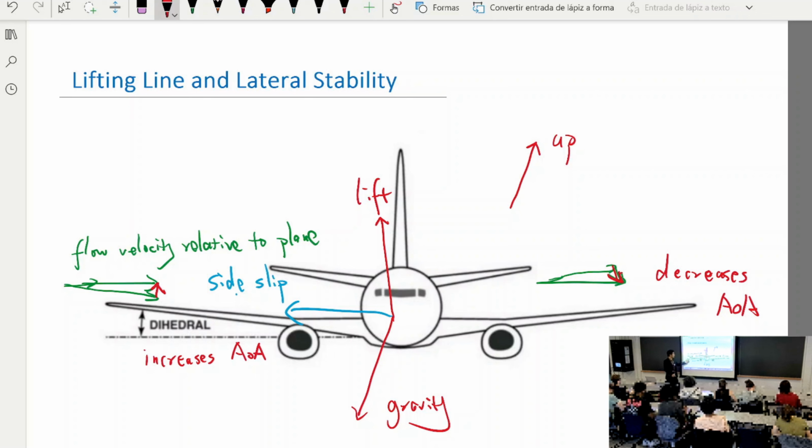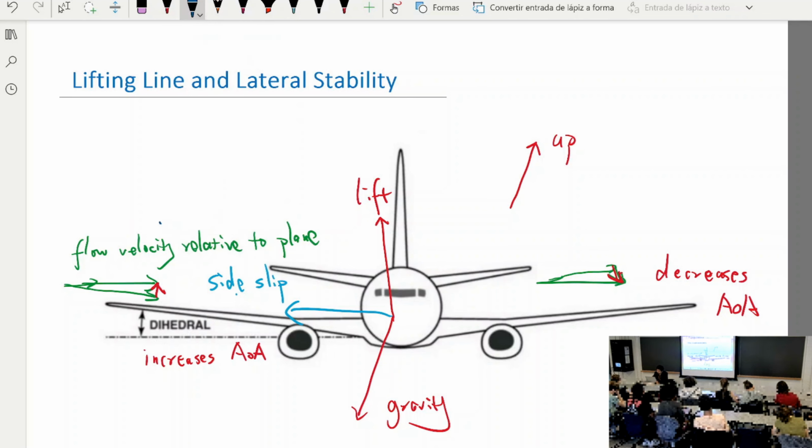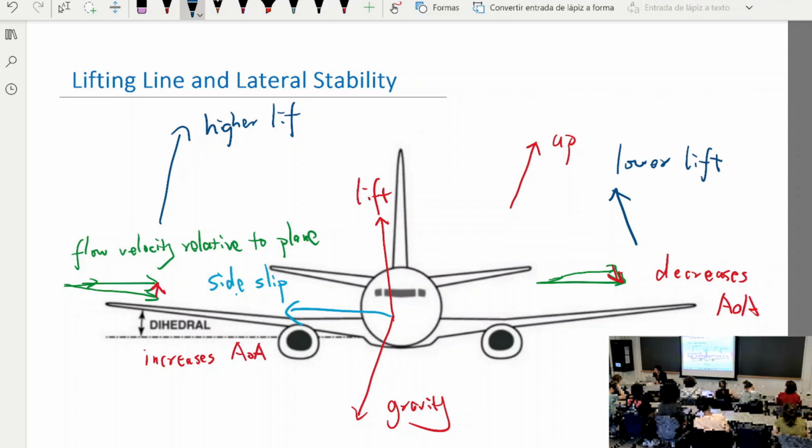The result of that is the lift force on this side is going to be higher. So let's look at the lift force. Higher lift. And as a result of the decreased angle of attack, this side has lower lift. So the overall balance of the lift force is to rotate the airplane backwards, towards an upright position.